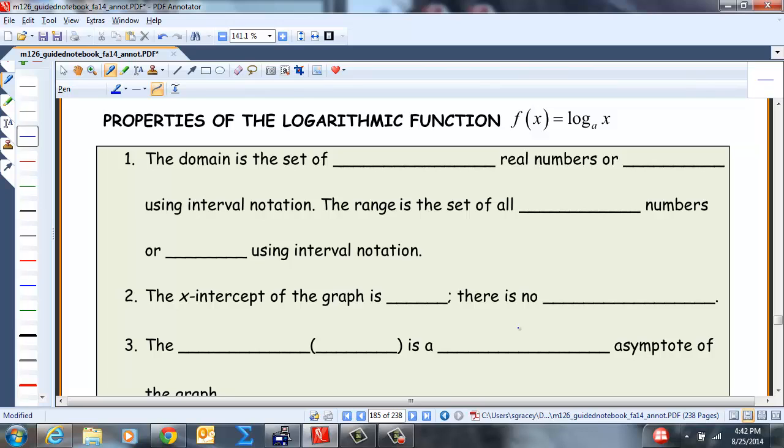All right, so properties of the logarithmic function. F of x is log base a of x. So the domain is the set of positive real numbers, or 0 to infinity non-inclusive using interval notation. The range is the set of all real numbers, or minus infinity to infinity using interval notation.